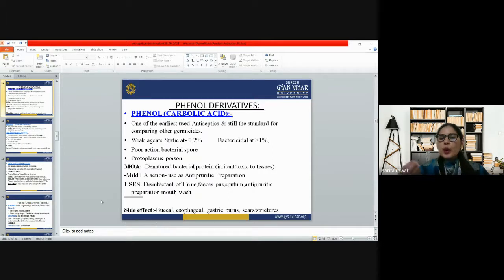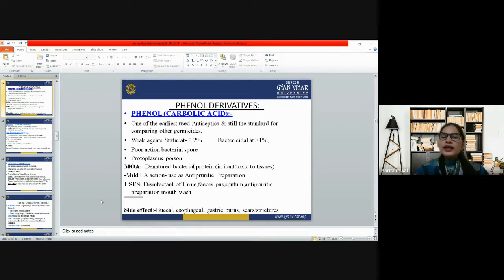It is the most widely used antiseptic. It is bacteriostatic at 0.2% and bactericidal at more than 1%, with poor action on bacterial spores, but a strong protoplasmic poison action.